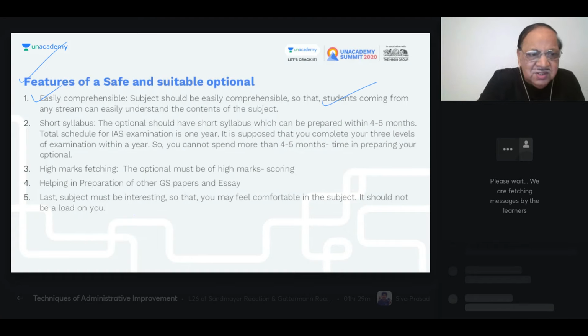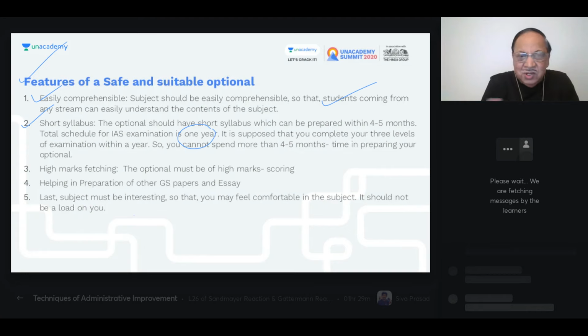The second is that the syllabus of the subject should be short. The optional should have a short syllabus which can be prepared within 4 to 5 months, because the total schedule for the IAS examination is only 1 year. It is supposed that you complete your 3 levels of examination within a year.